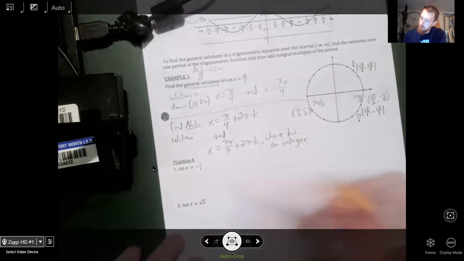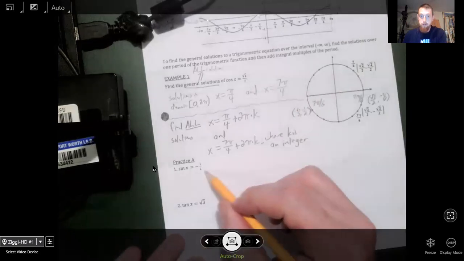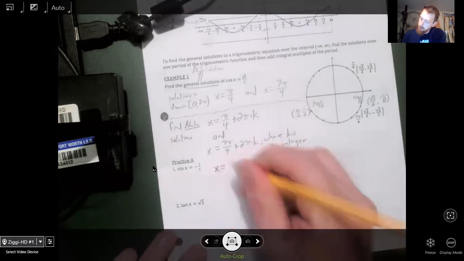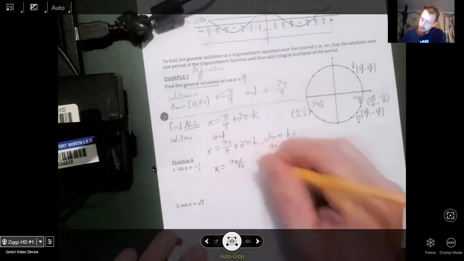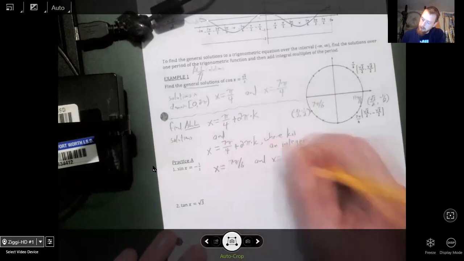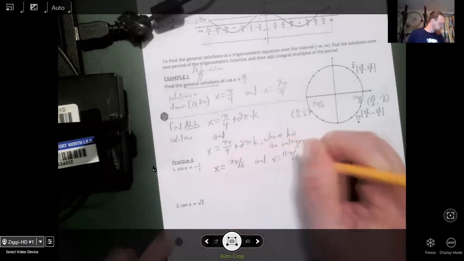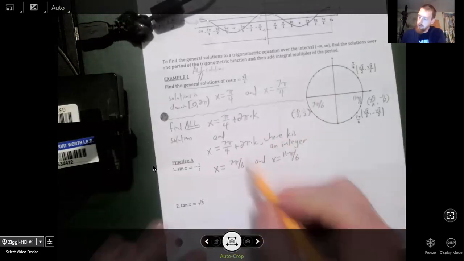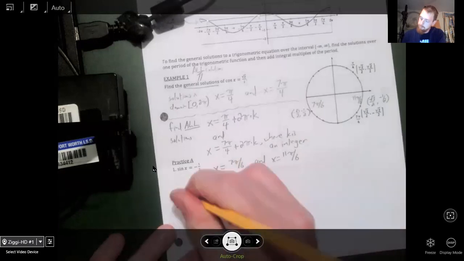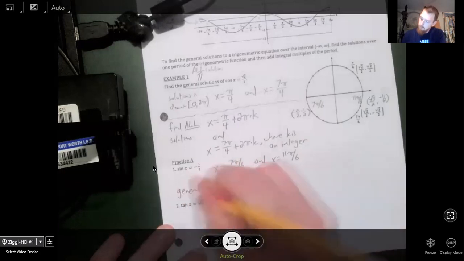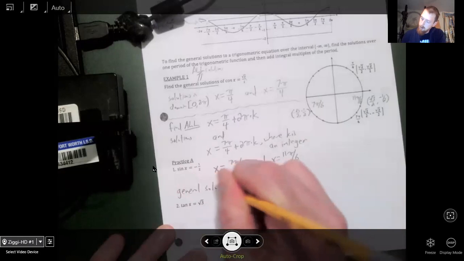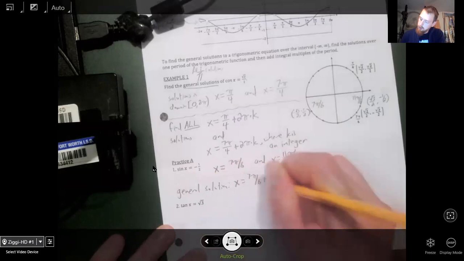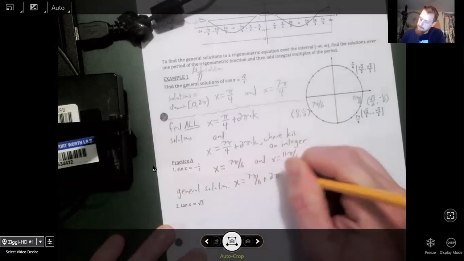All right, so step 1, what are the solutions on the domain from 0 to 2 pi? That would be x equals 7 pi over 6 and x equals 11 pi over 6. Pretty easy. Now to turn that into a general solution, it's going to be x equals 7 pi over 6 plus 2 pi times k.